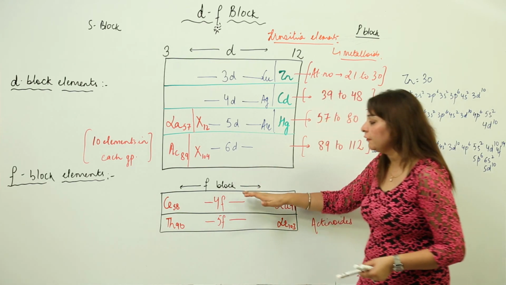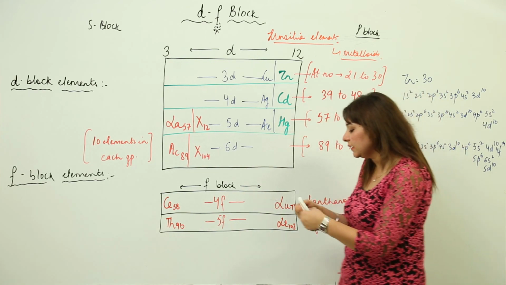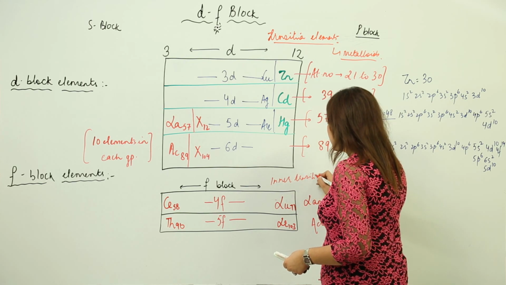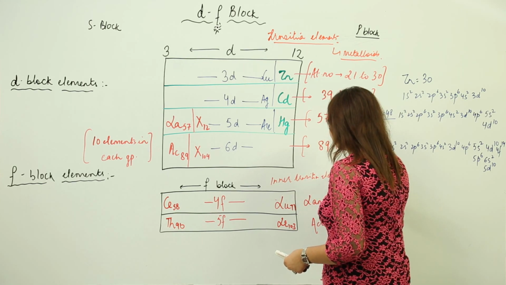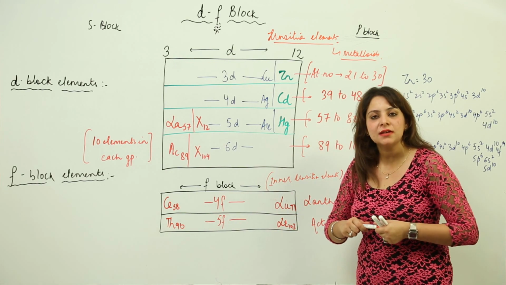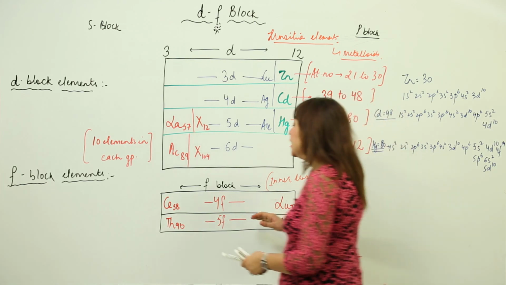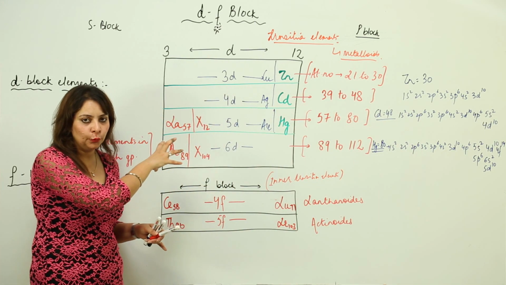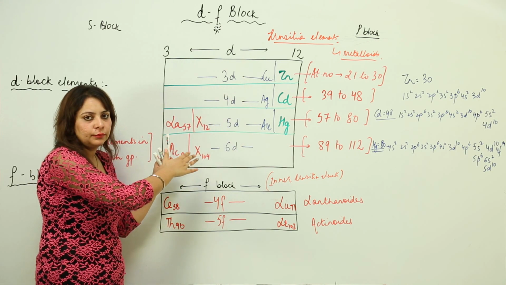And the F block elements are called inner transition elements. The reason behind this name is that the F block is actually present in this transition element group, in this block.